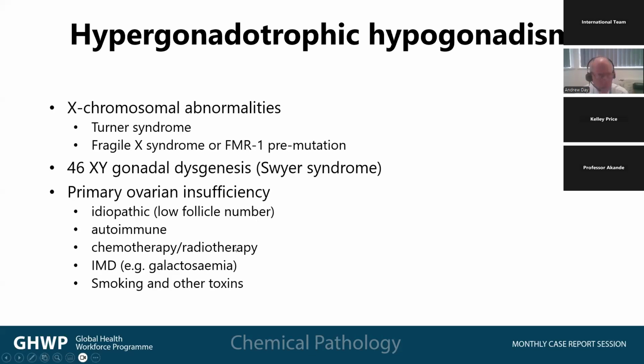So here are some of those causes of hypergonadotrophic hypogonadism. X chromosome abnormalities, like Turner syndrome, so a karyotype is useful. Fragile X syndrome.